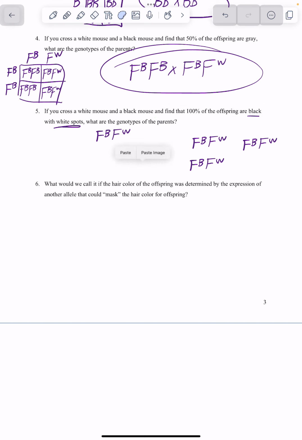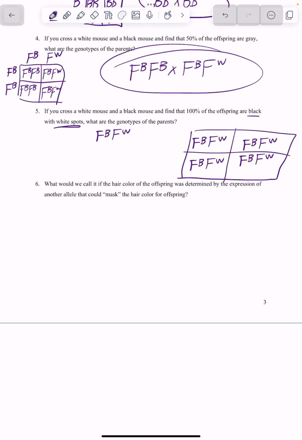I don't like drawing this out as much as y'all probably don't, believe it or not. So I've got a black mouse and a white mouse. That means that this particular individual had the same alleles, or they were homozygous, and that's how we would get that. So the best way to depict this would be something like this.